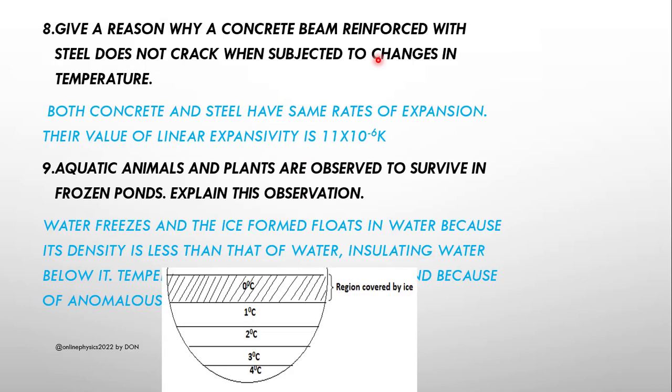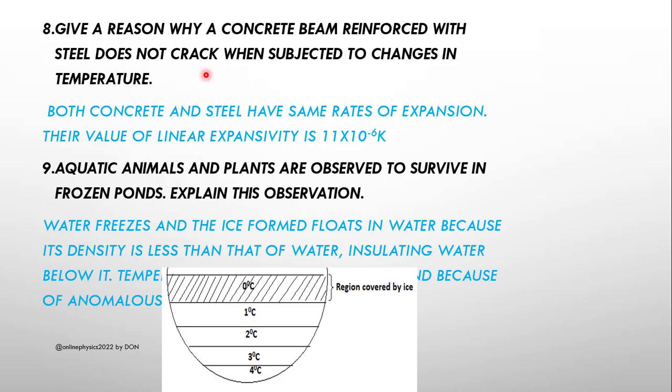Moving on, we give a reason why concrete and steel do not crack when subjected to changes in temperature. As we had said, both concrete and steel have the same rates of expansion, and their value of linear expansivity was seen to be 11 times 10 power negative 6 per Kelvin. Therefore, they will expand uniformly when heated.